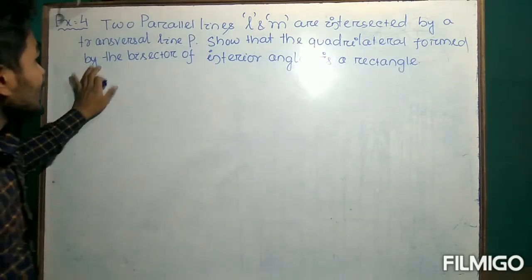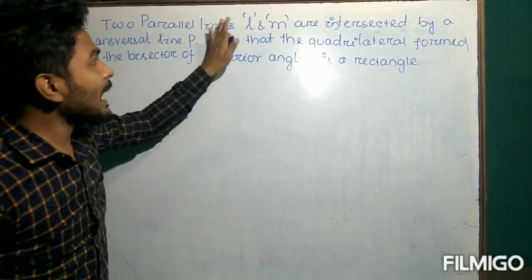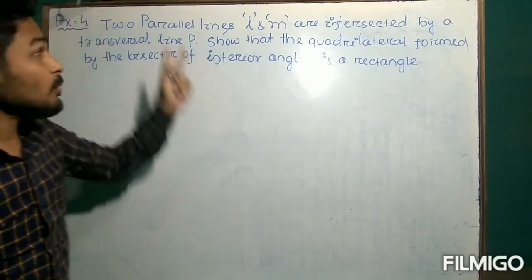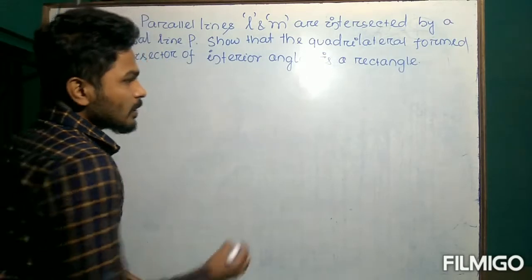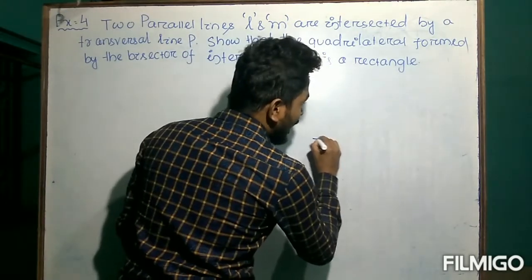It is given that there are two parallel lines L and M. Let us draw the two parallel lines.